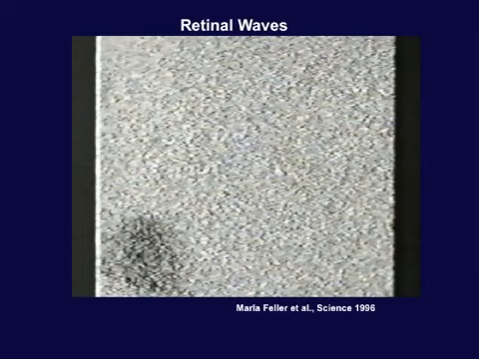If you take the retinas out and put them in a dish, when ganglion cells fire action potentials, they undergo increases in intracellular calcium as calcium comes in through voltage-sensitive calcium channels. So if you load the retinas with calcium-sensitive dyes, like Fura and so on, you can monitor the patterns of activity in the retinas over time, as Marla Feller and Rachel Wong did when they were in my lab. That's how they discovered these waves of activity.